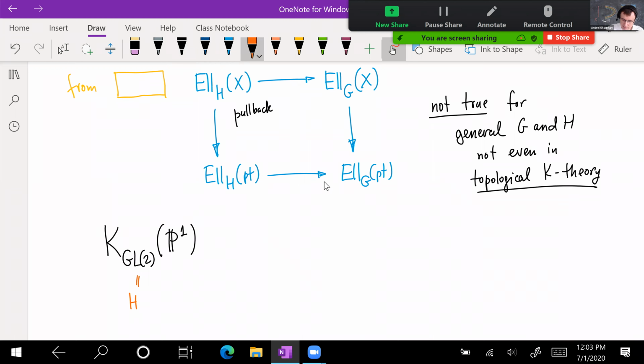Because this really corresponds to a homomorphism. We'll take a homomorphism of groups. So this is not true.